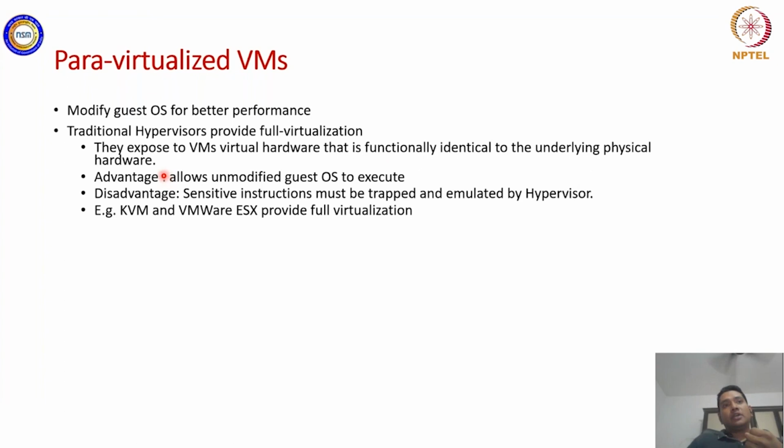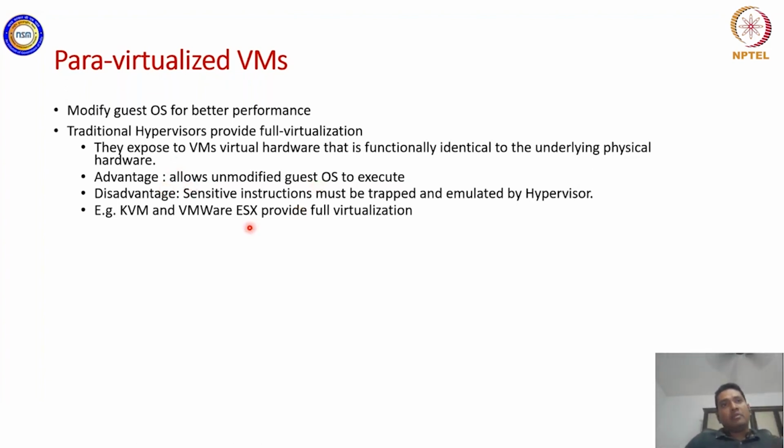Now, of course, the advantage is that you do not need to modify your guest OS. So the guest OS can run as it is because it does not know that there is an underlying hypervisor running, because the full virtualization type 1 hypervisor is completely running underneath and is completely transparent. So you do not need to modify your guest OS.